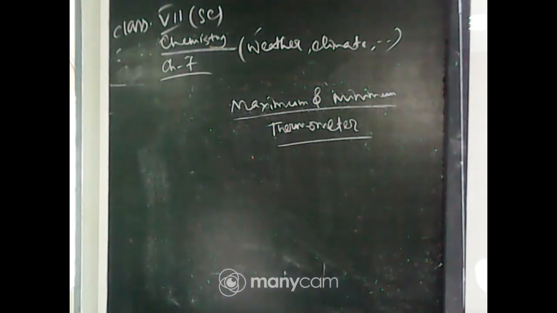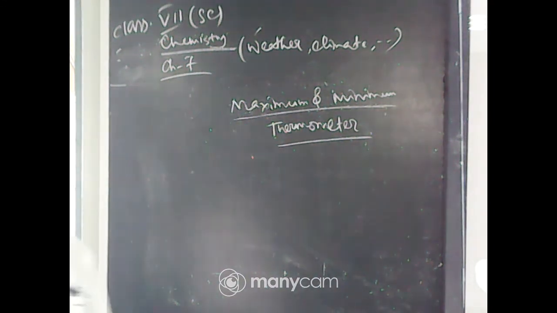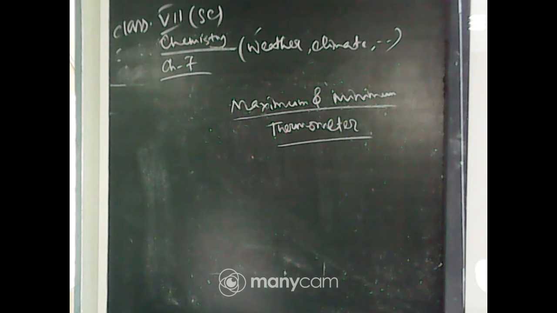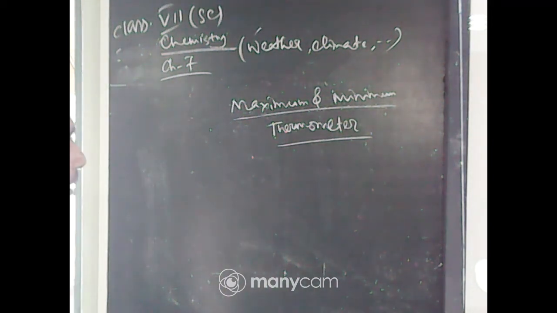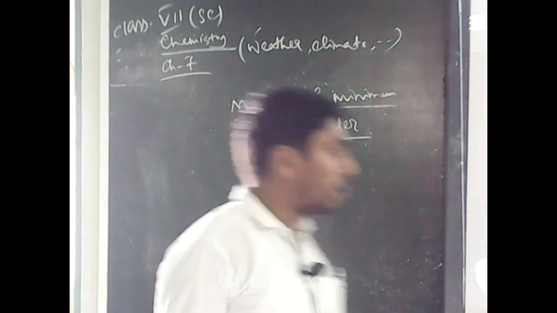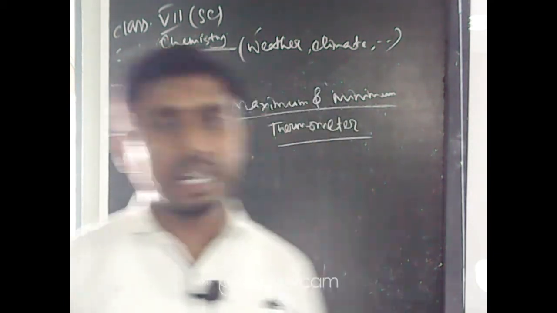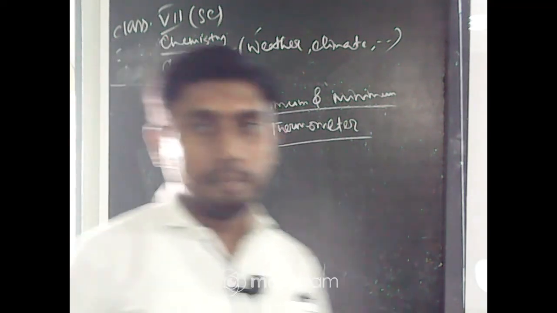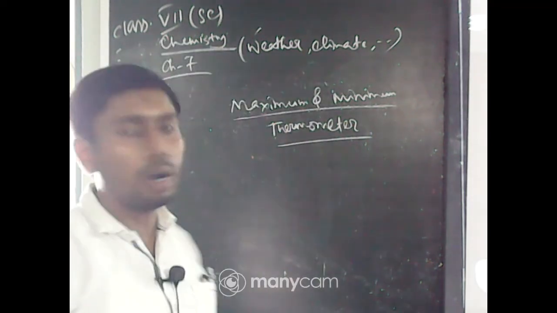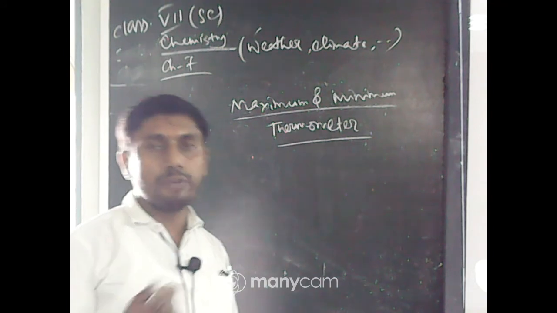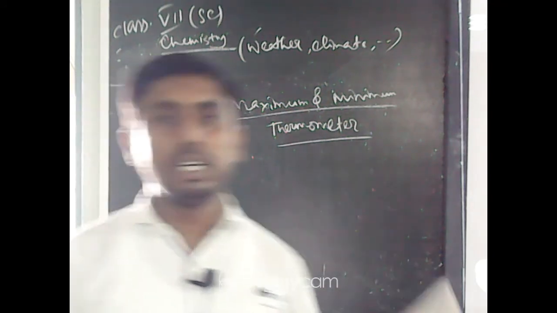A thermometer is the instrument used to measure the temperature of a place. Now, a maximum and minimum thermometer is one that can itself record the temperature of a place during a scheduled period.